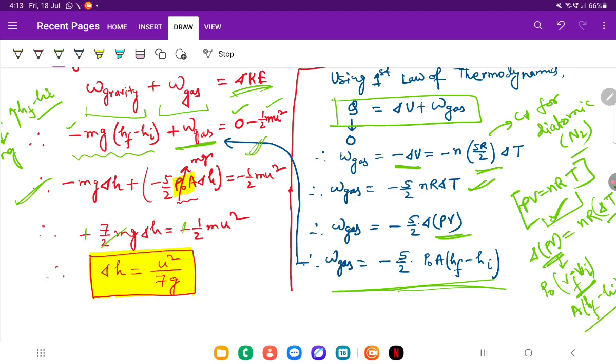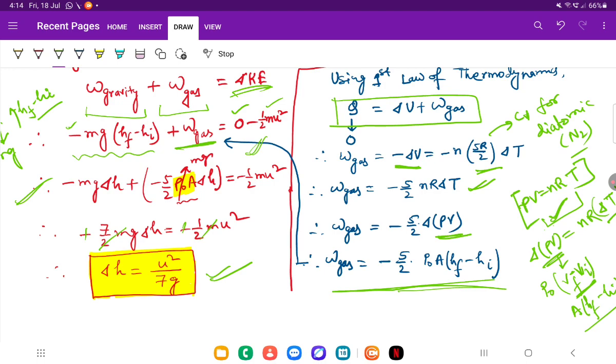Minus minus gets cancelled, m by 2 gets cancelled. Delta h turns out as u square upon 7g. So this is the displacement of the piston, and that's the answer for our question: u square by 7g amount of change in height will occur in the piston, and that is basically the displacement.